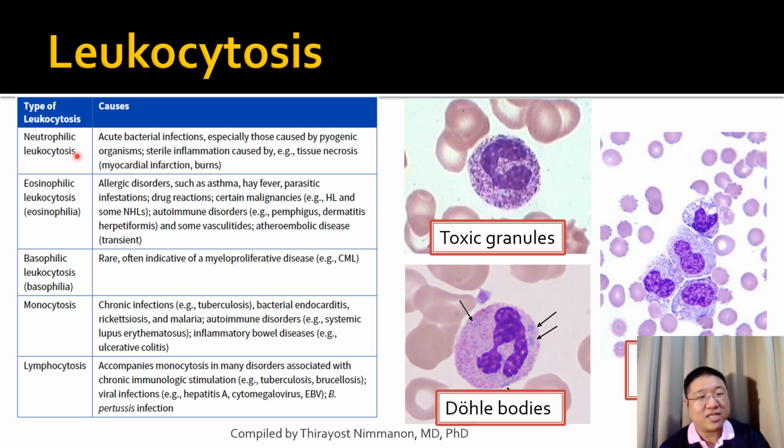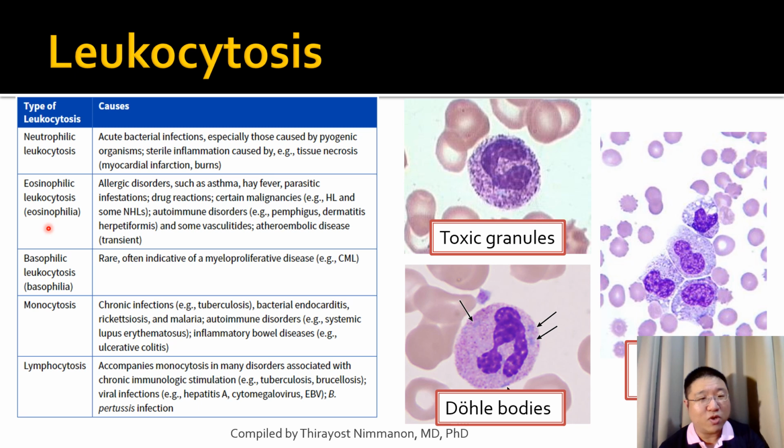It is seen in acute bacterial infection, especially those caused by pyogenic organisms or organisms that cause pus formation, and sometimes neutrophilic leukocytosis can also be seen in different causes of inflammation, for example, myocardial infarction and burns.